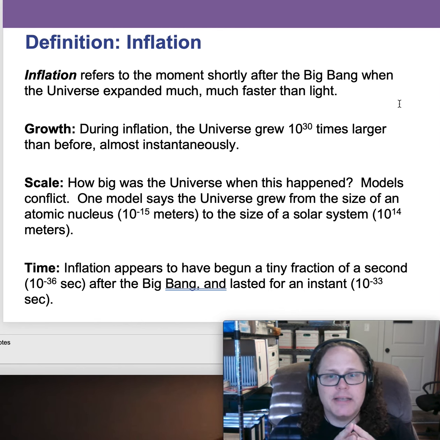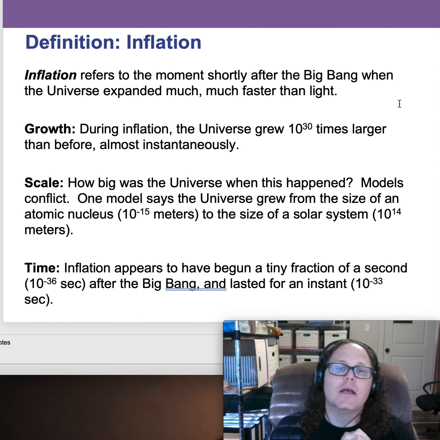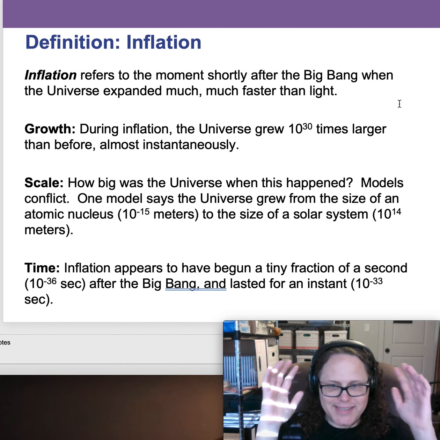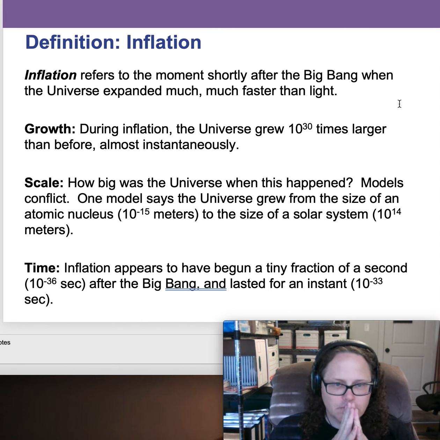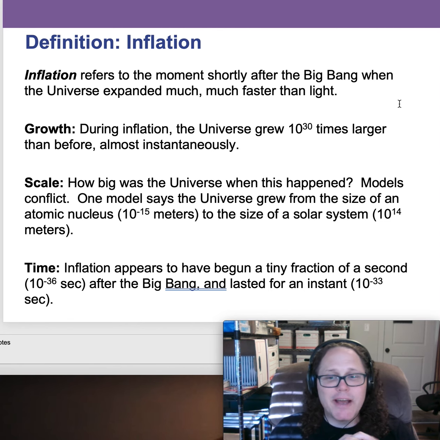One model says the universe grew from the size of an atomic nucleus to the size of the solar system, like that. When I say the universe, I mean the observed universe, everything we can see with our telescopes. And this happened when the universe was about 10 to the minus 36 seconds old, and it lasted for 10 to the minus 33 seconds.